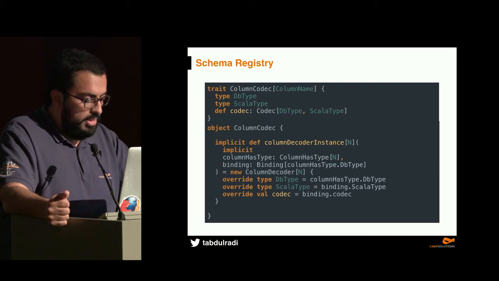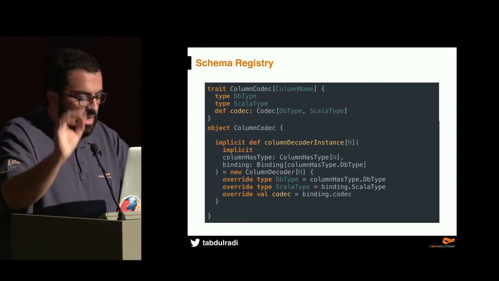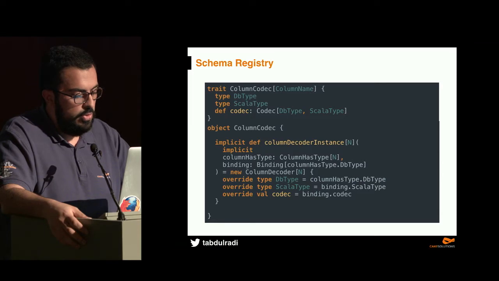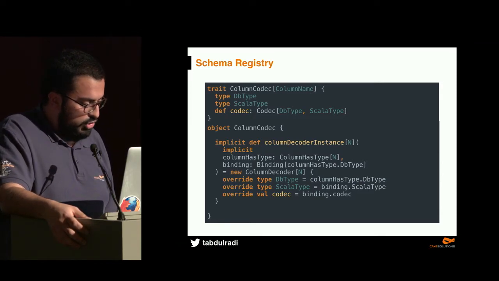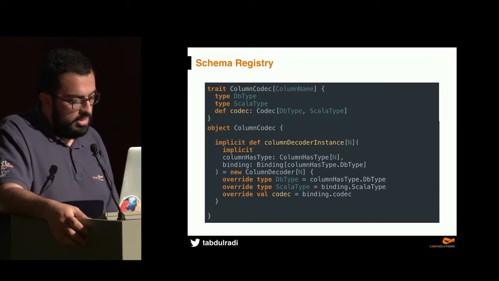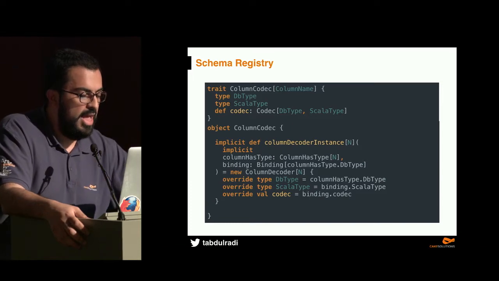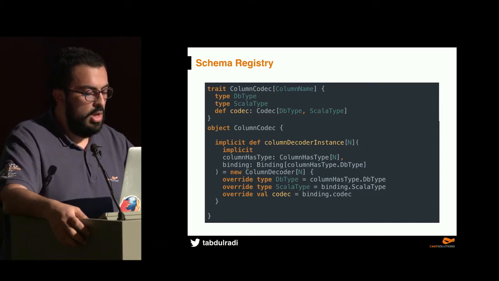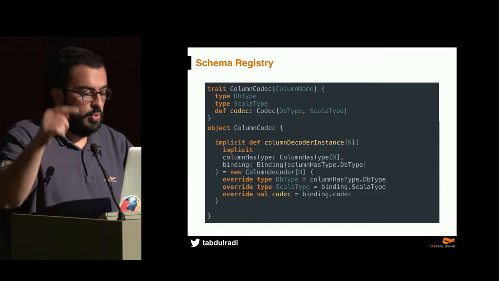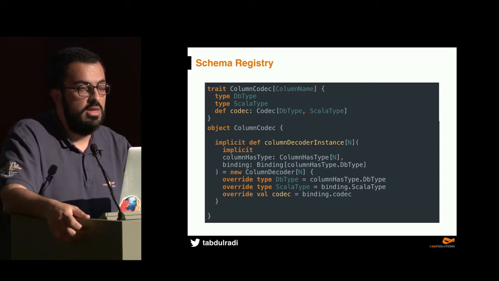This is cool, but there is a very teeny tiny problem: this doesn't work. The reason it doesn't work, I've probably mentioned a couple of times in different talks in this conference, is just a limitation in the Scala compiler right now: you can't refer to ColumnHasType inside the same parameter list.